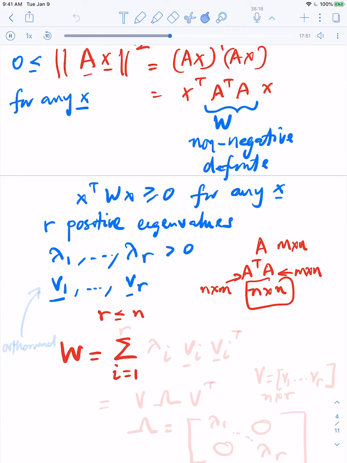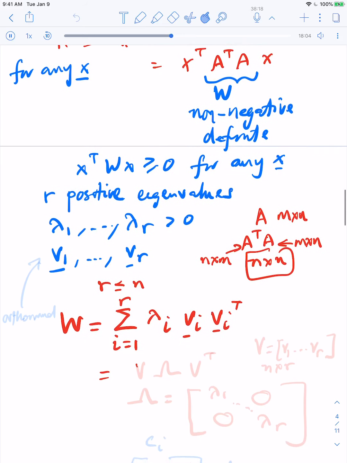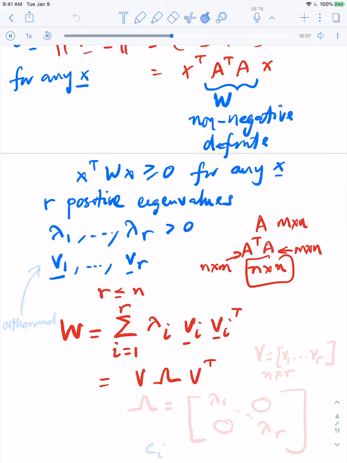W, taking only the strictly positive eigenvalues, is the sum of lambda i v i v i transpose, which I can also write as V lambda V transpose, where lambda is the diagonal matrix of eigenvalues, and V has R columns, V1 through VR, so it's an N cross R matrix.